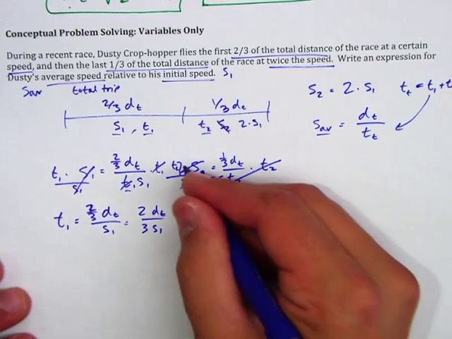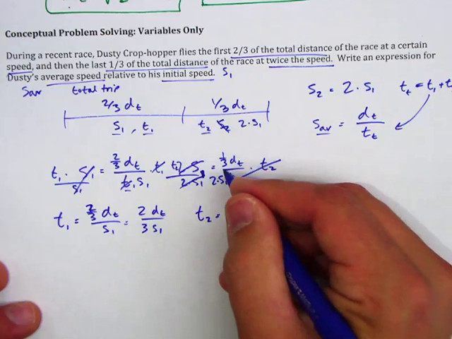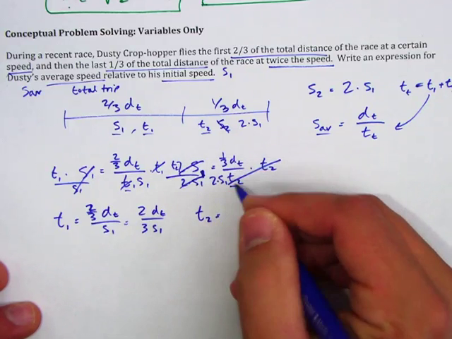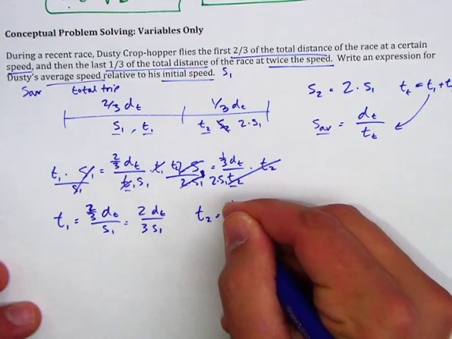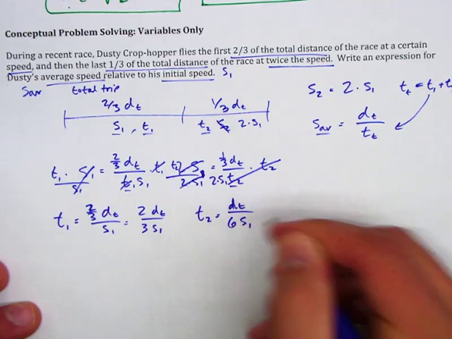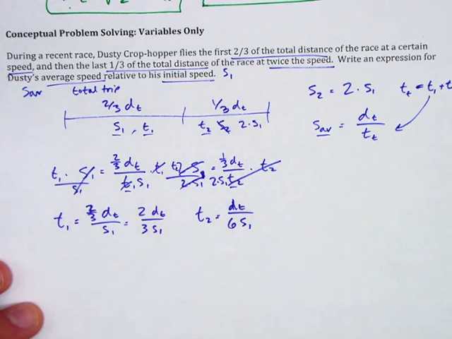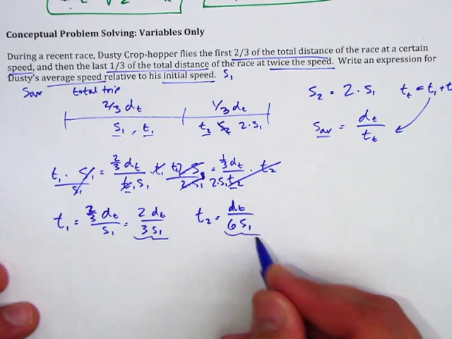And I get here t2 equals 1/3 dt over 2s1, so the 3 goes to the bottom, so I have just dt over 6s1. So 1/3 over 2 is 1/6. So now I have an expression for t1 and t2 in terms of dt and s1.